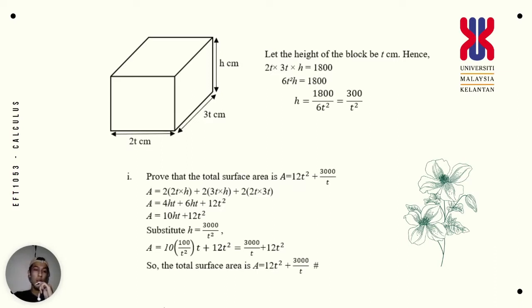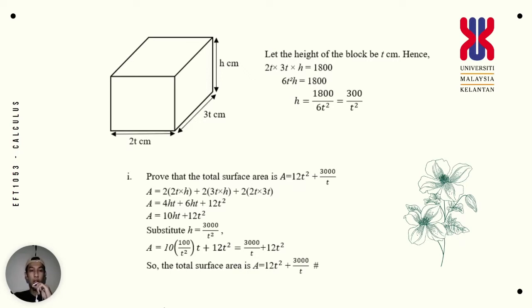As we know, the formula for the volume of a rectangular block is width times length times height. The width is 2t cm, the length is 3t cm, and the height is h. So let the height of the block be h cm.